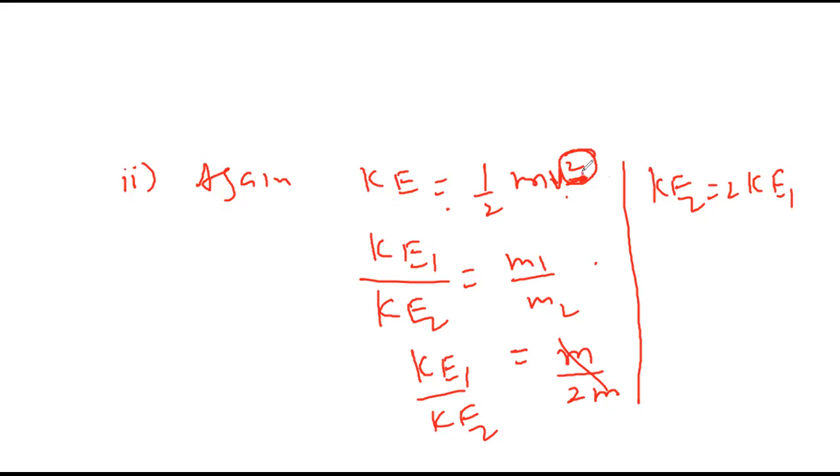So when this power is 2, that means square. So double will become 4, triple will become 9, and so on. Have you completed this one?